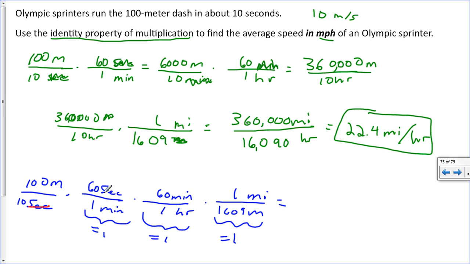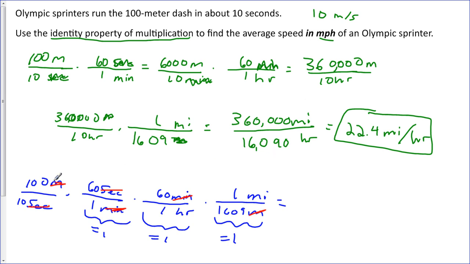These seconds cancel with those seconds, and these meters cancel with those meters. These minutes cancel with those minutes. So we're left with miles in the numerator, hours in the denominator. Oops, I wanted blue back. Blue.